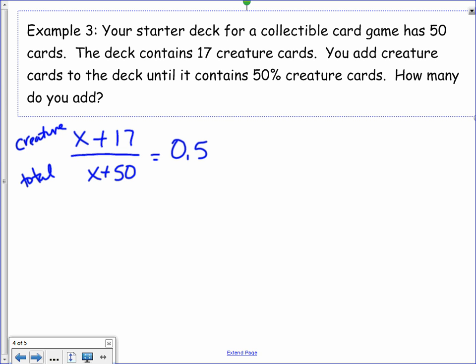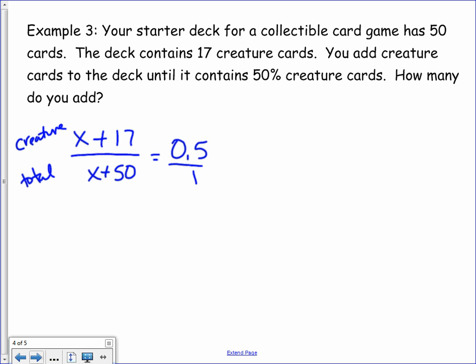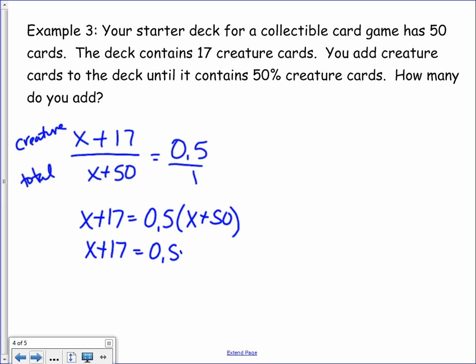All right, now we need to multiply this out using the cross products property. So that would be x plus 17 equals 0.5 times x plus 50. So we have x plus 17 equals 0.5x plus 25.